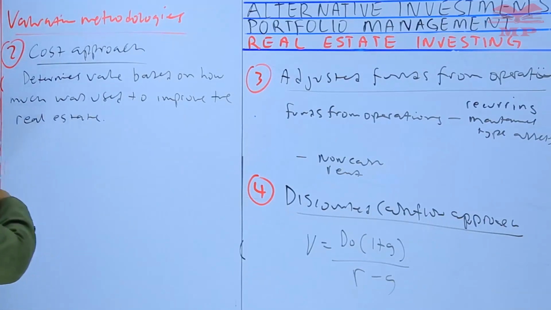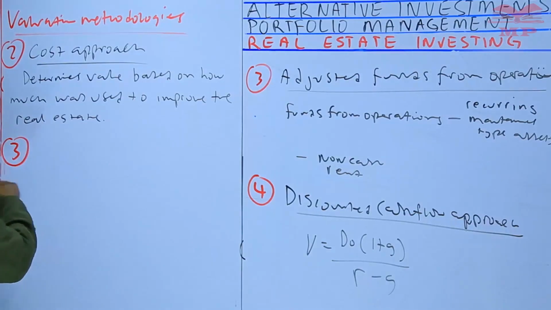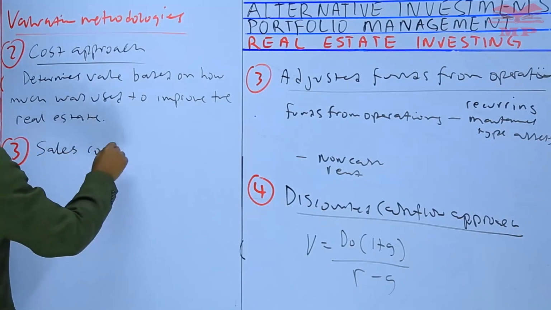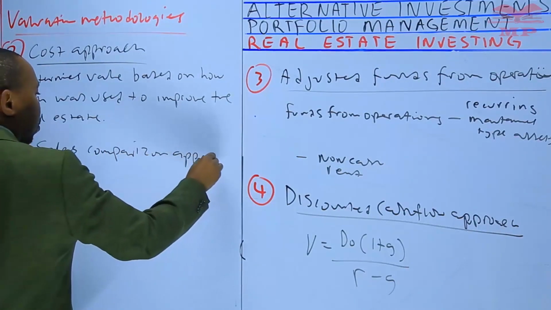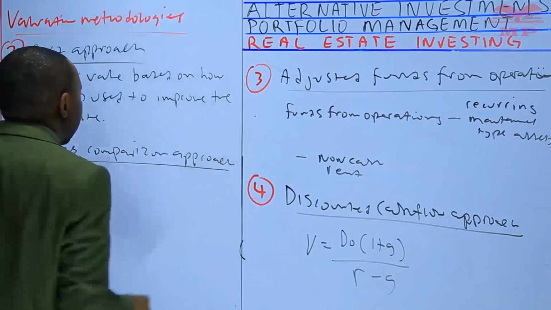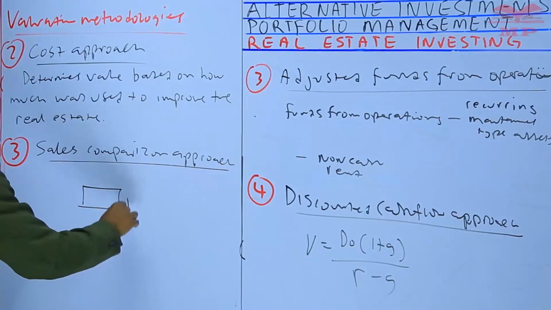Number 3, the sales comparison approach. Here you are basing the value of the real estate on competing properties.